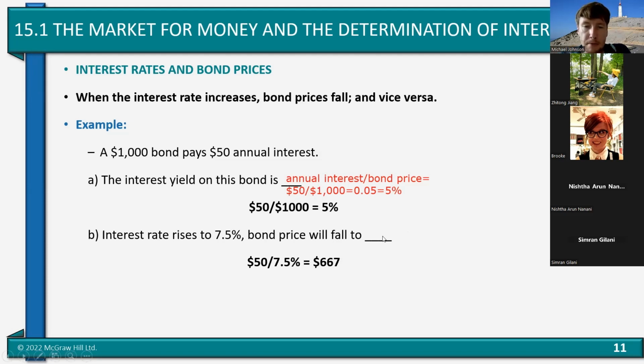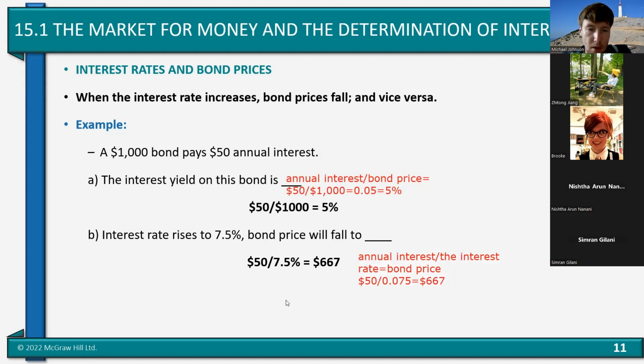To do this, you take the $50, the annual interest, divided by the interest rate, to find the bond price. In this case, it'd be 50 divided by 0.075, and you get 667.